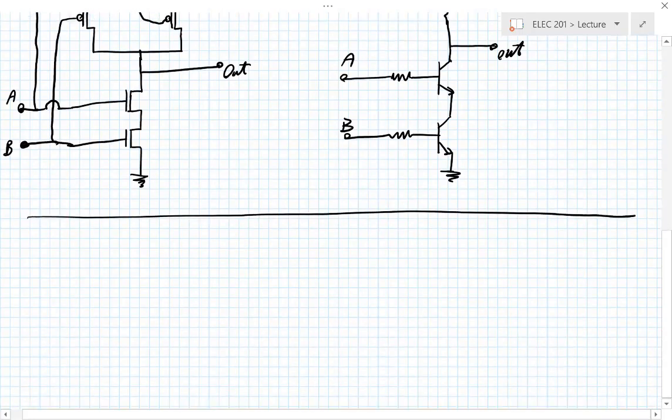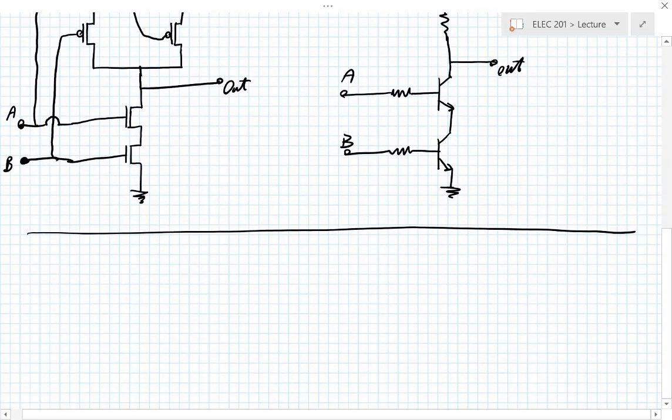Okay? So I want to start by making a very broad claim that electrical circuits are not limited to things that you draw as wires and resistors and capacitors, things like that.